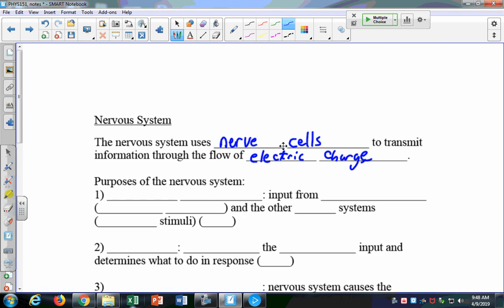Different purposes. You have sensory input, three different purposes of the nervous system.